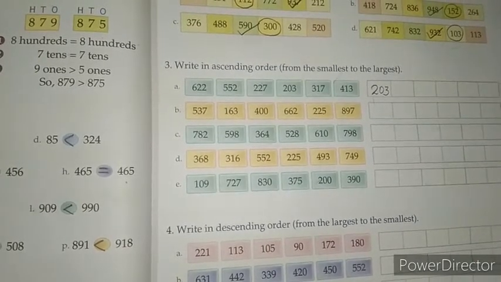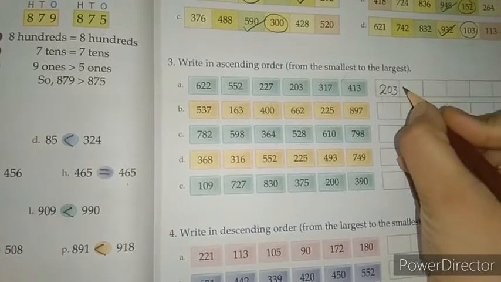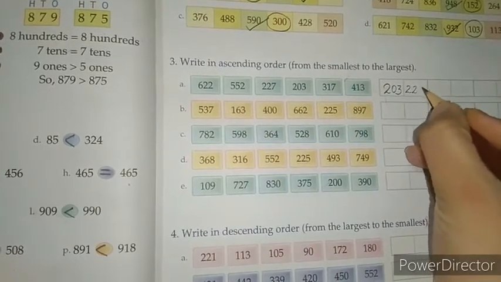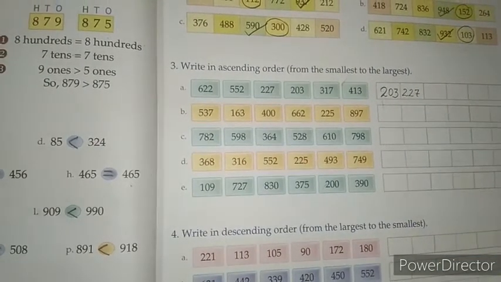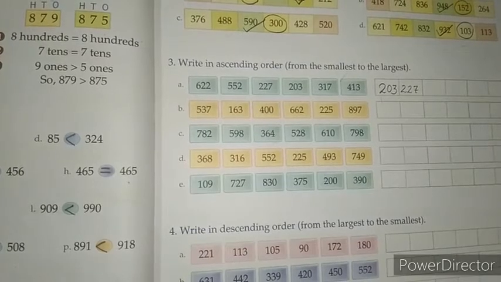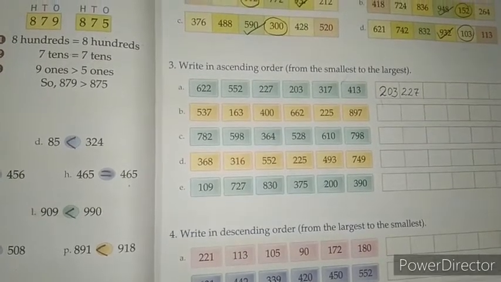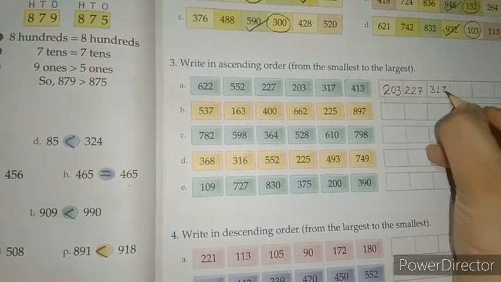Tell me students. 227. So write here 227. After 227 which is the smallest number? 317. So write here 317.